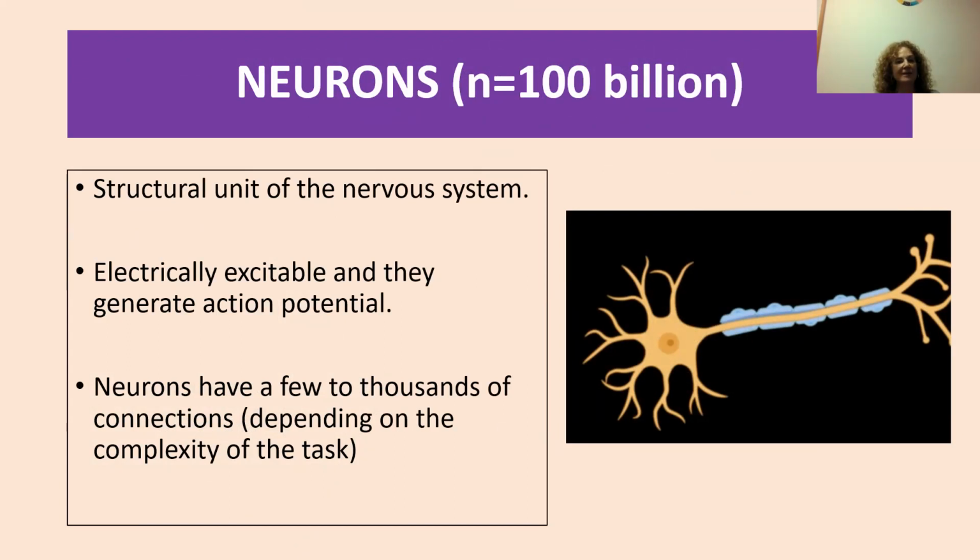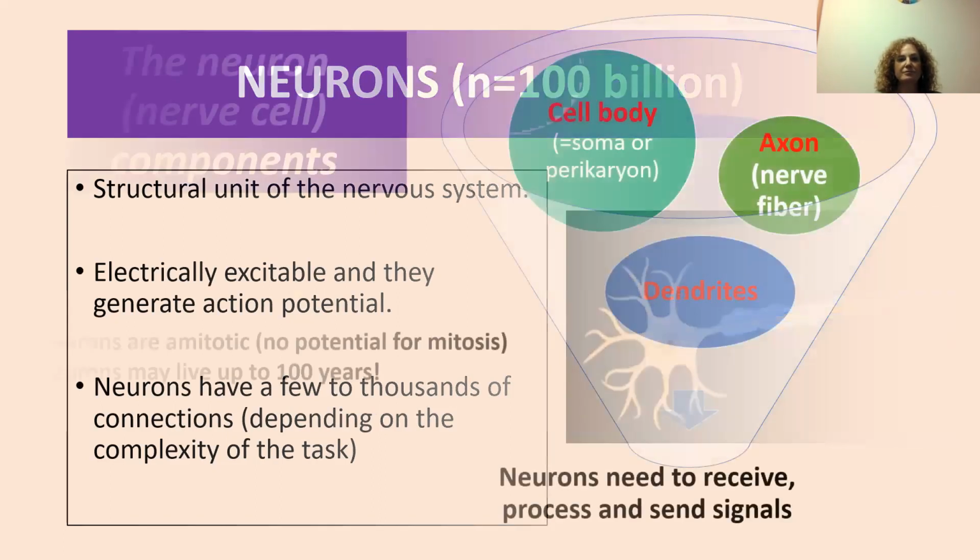We have different types of neurons in the body, which we'll get into a little bit later, but they can have connections that run to the thousands, and they can be quite complex with huge branches of dendrites, or quite simple with just a single axon coming off of the cell body. We will look at that in just a moment.